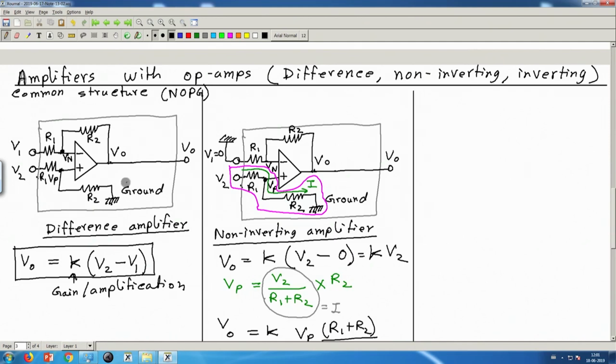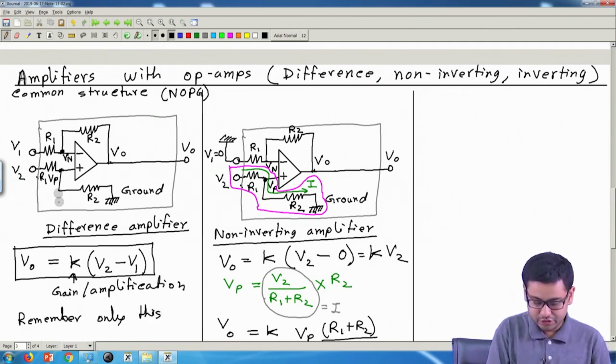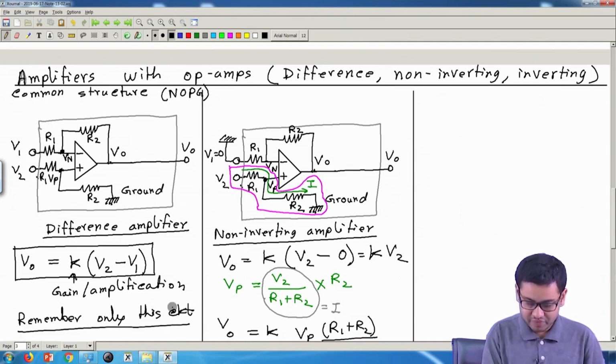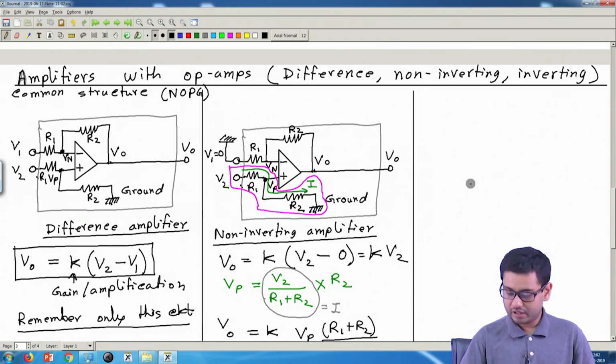You just have to remember only this circuit, difference amplifier, and from this you can find out the other two variants, non-inverting amplifier and inverting amplifier, quite logically.